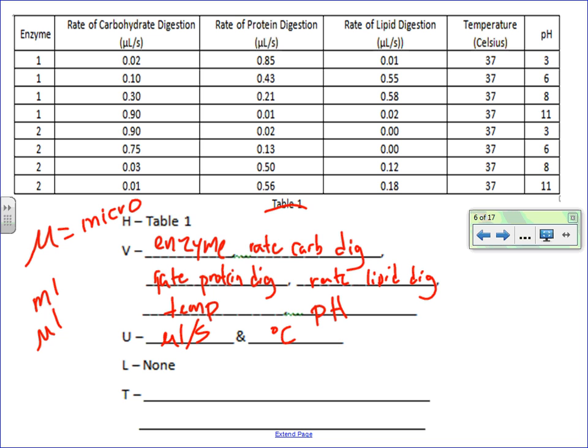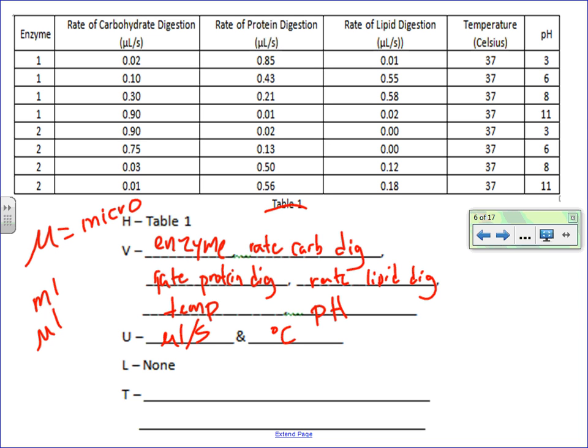All right, and last but not least, we have trends. Let's go through some of our trends. What's one trend? Anyone give us a trend? As the rate of carbohydrate digestion increases, the rate of protein digestion.